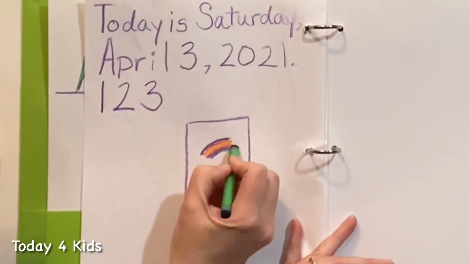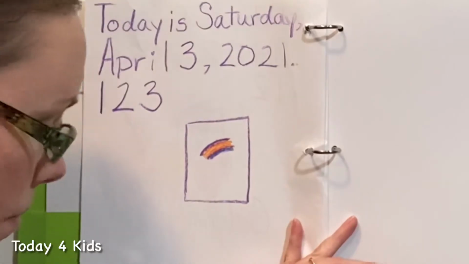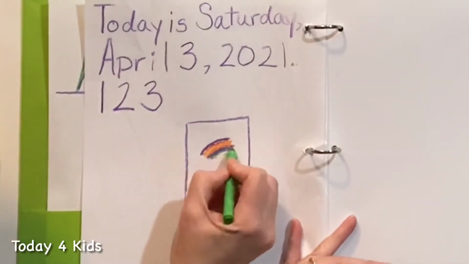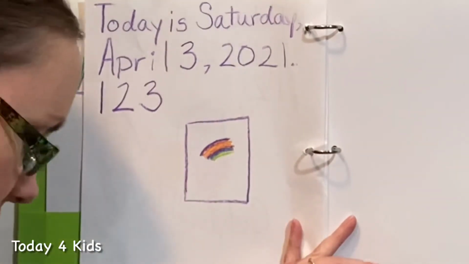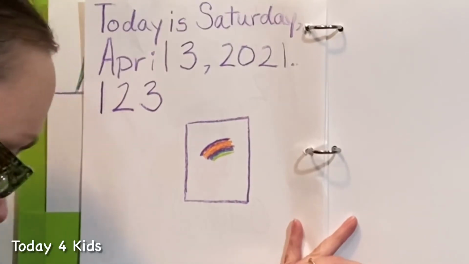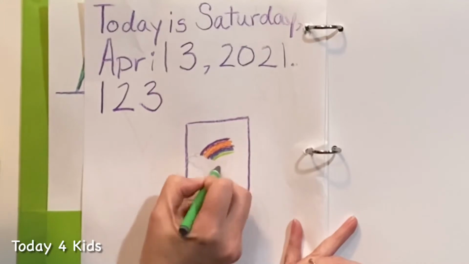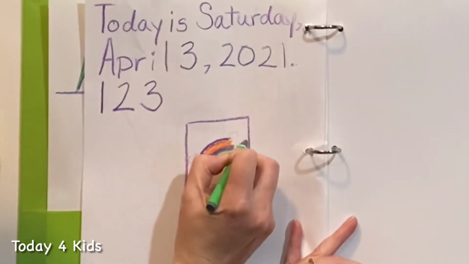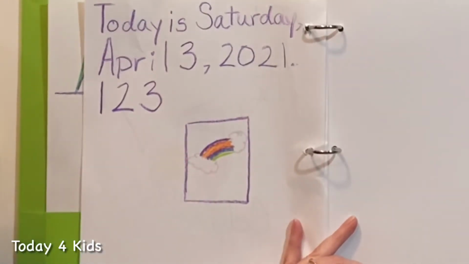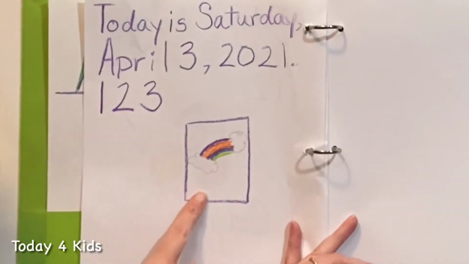It can be your own special rainbow. And I think that my rainbows have a cloud at the end. So that's what I'm going to do today. So I'm going to do a rainbow craft.